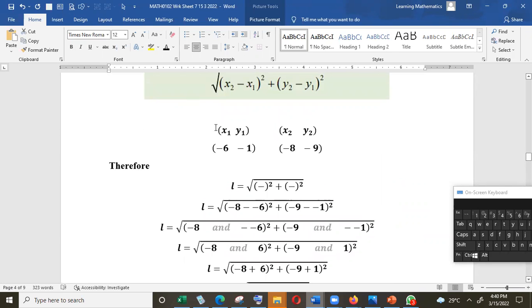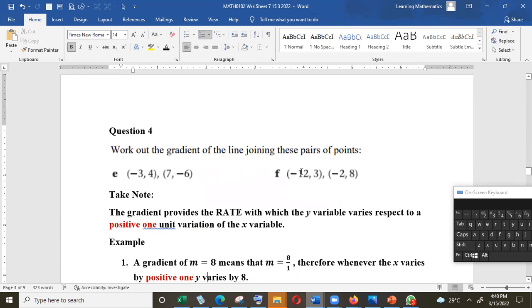What do I mean by same format? We have to label the coordinates of the points.